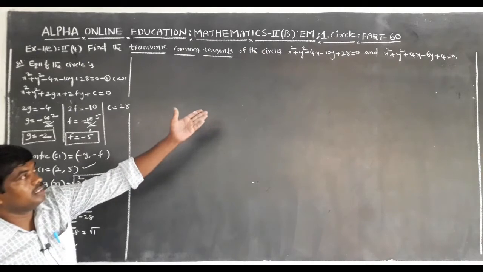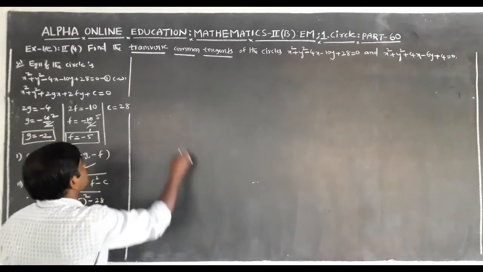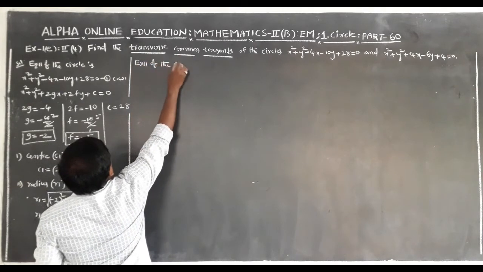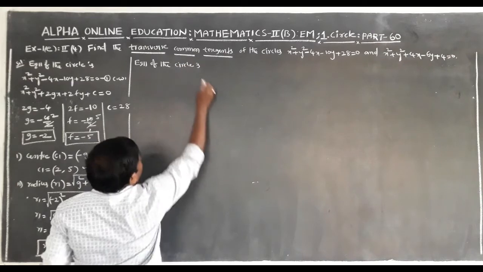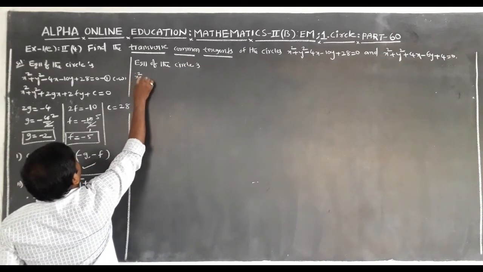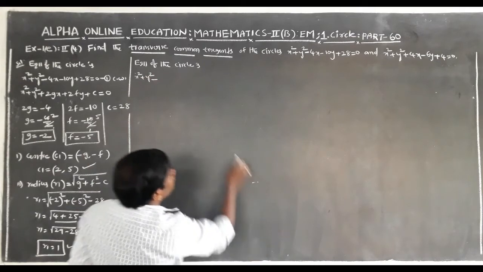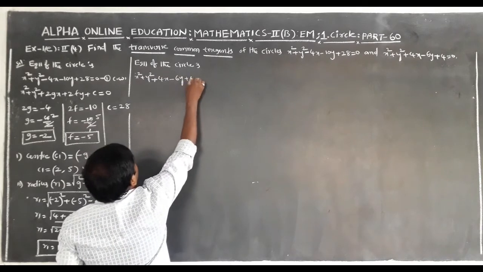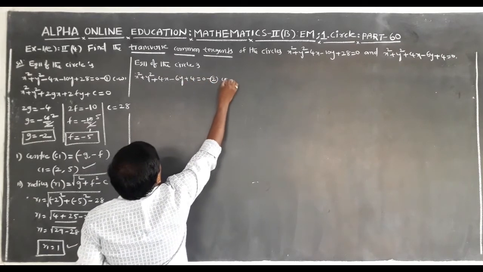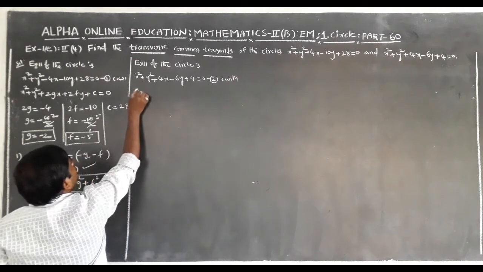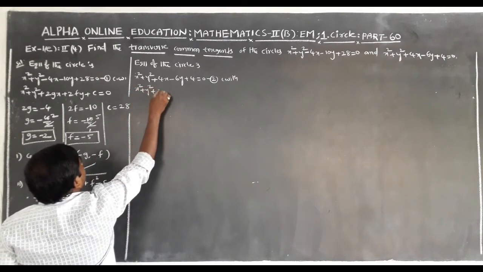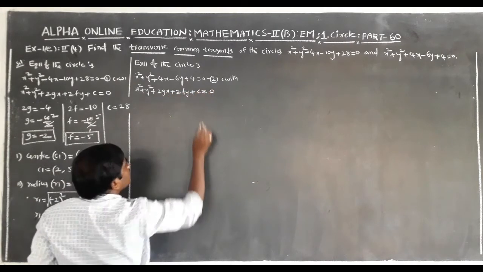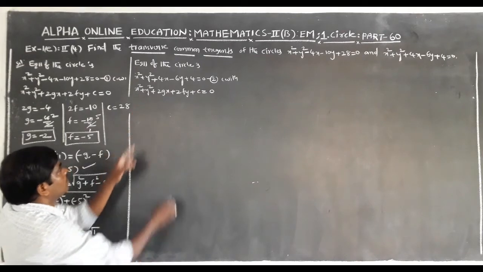Similarly, we find the center and radius of the second circle. Equation of the circle is x² + y² + 4x − 6y + 4 = 0. Comparing with the general equation, x² + y² + 2gx + 2fy + c = 0.